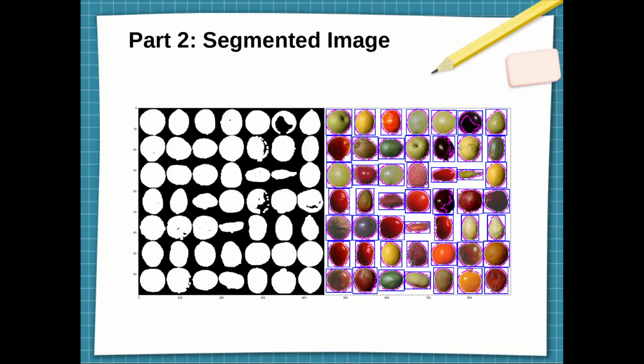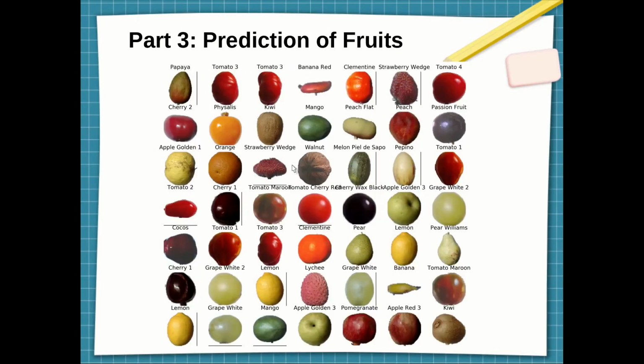Let's move forward. This is the prediction, and this is part 3 of my project. What I have done till now is create the segments from a large image and process each of the smaller images to feed into my network, and these are the results that I get. If we look closely, all the fruits that I supplied to my network are correctly being classified.